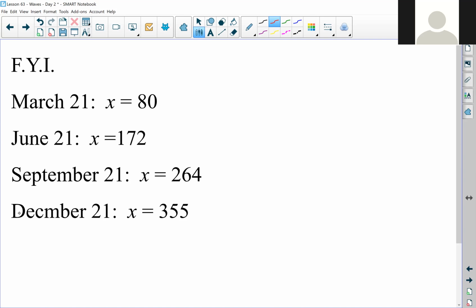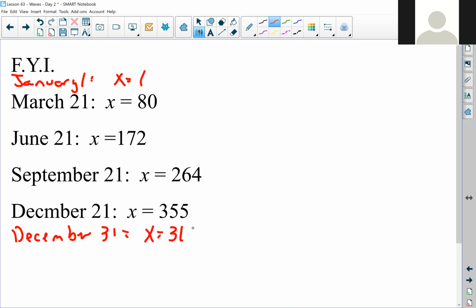And then the end of the year, I guess I should have maybe included this. January 1st is x equals 1. December 31st is x equals 365. We'll assume we are not in a leap year. So our phase shift is going to be 80.